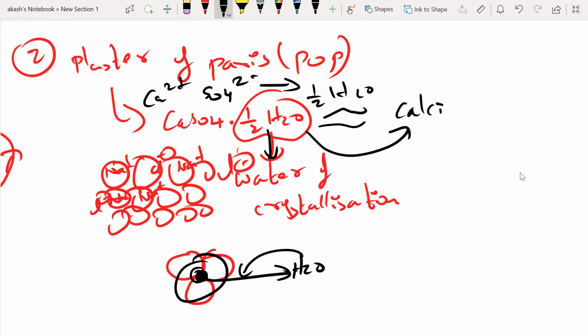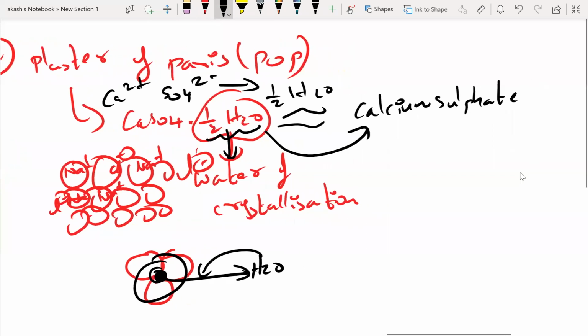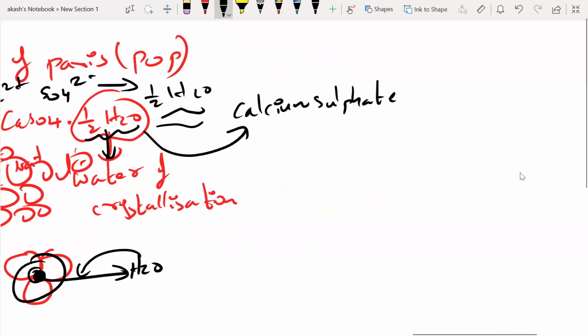CaSO4 is very simple, it is calcium sulfate, and we have to include this also. So I'll write the full name. It's called calcium sulfate, that is CaSO4. For the half H2O part, you write hemihydrate. That is half H2O, how we write it as hemihydrate.